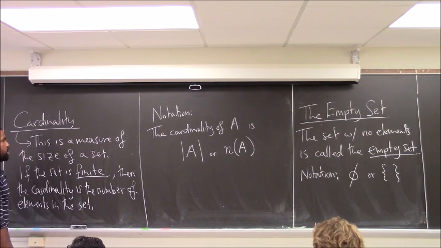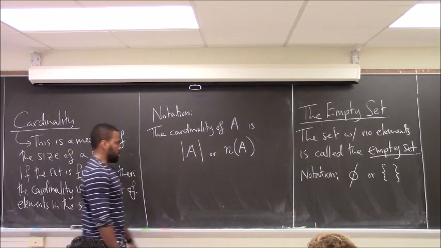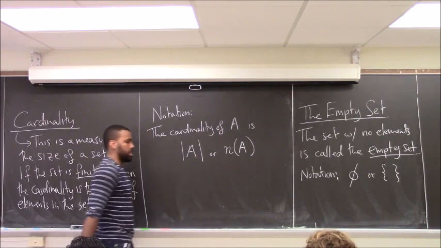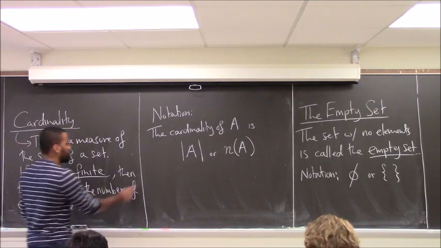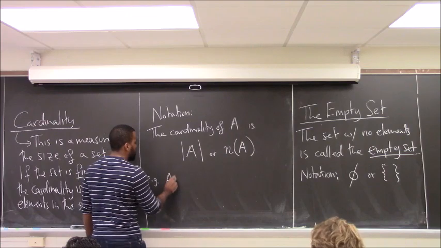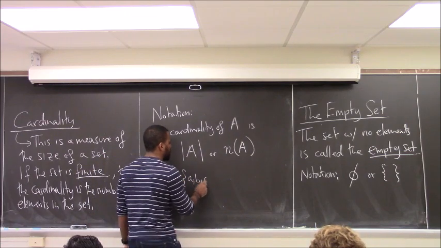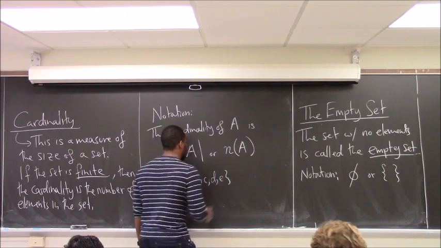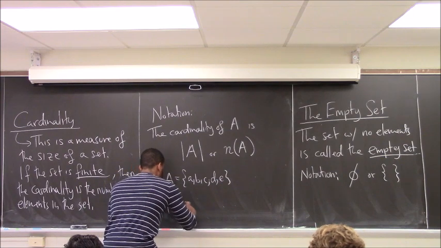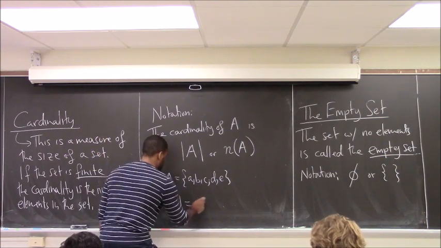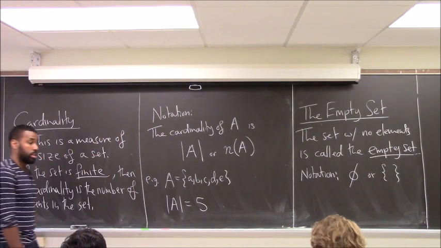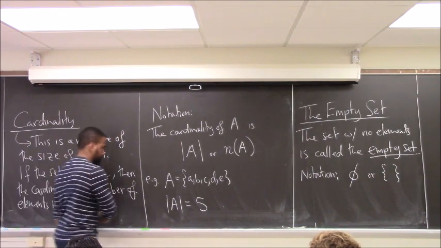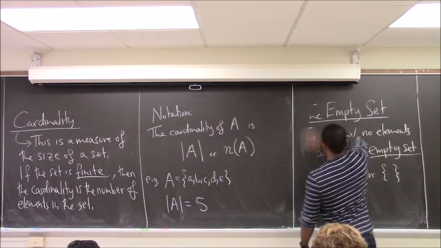Those are the most common notations. So, you write absolute values around a set, it means you're talking about the size of the set. For example, if A is {a, b, c, d, e}, I can write that the absolute value of A is 5. That's the size of this set, called the cardinality of the set.